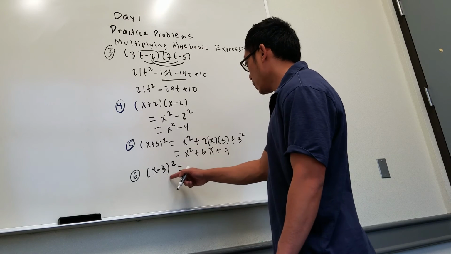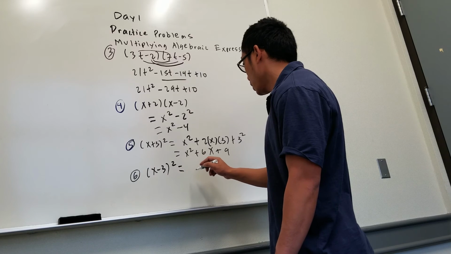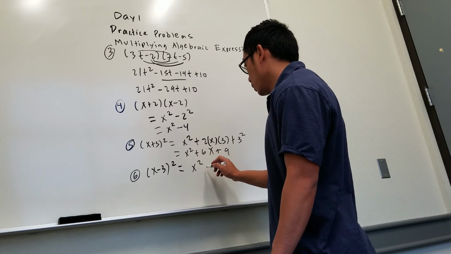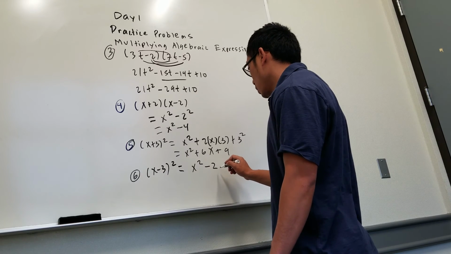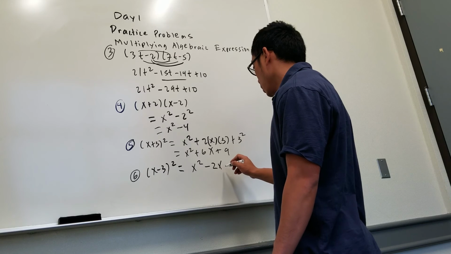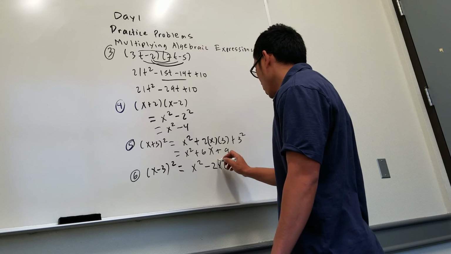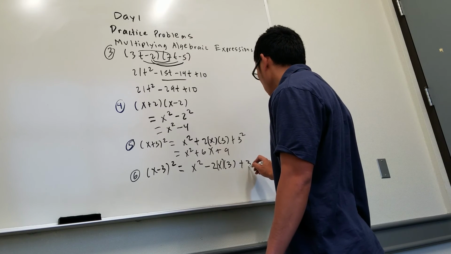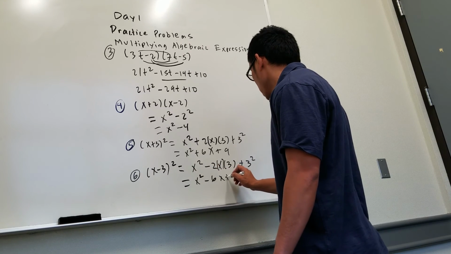We have a squared minus 2ab plus b squared. In this case, what is a squared? It's just going to be x squared. What is 2 times a times b, where a is x? It's just 3, not negative 3. And then plus b squared. What is b? 3 squared, right? So we simplify, you get x squared minus 6x plus 9.